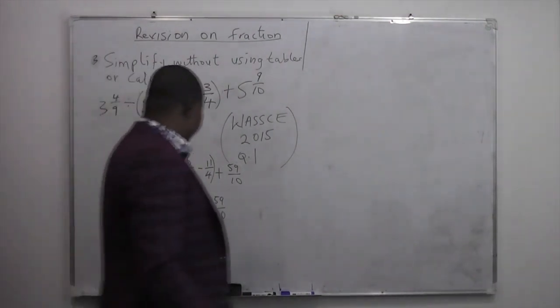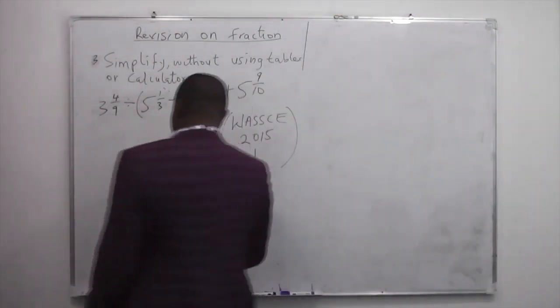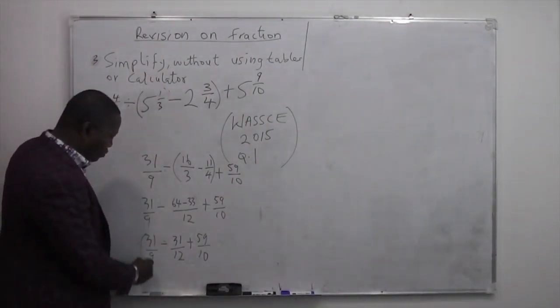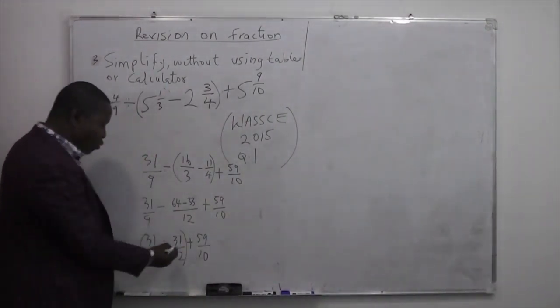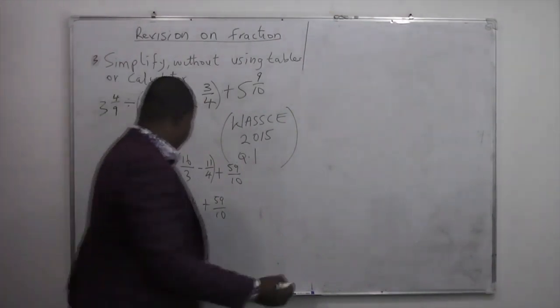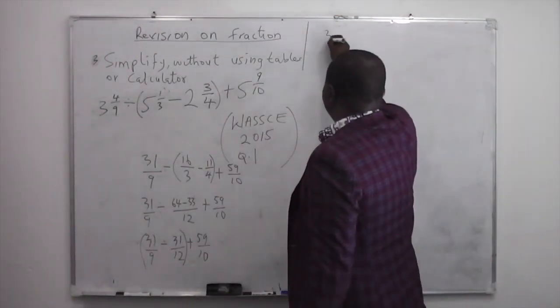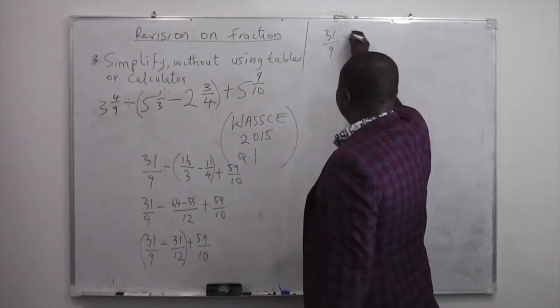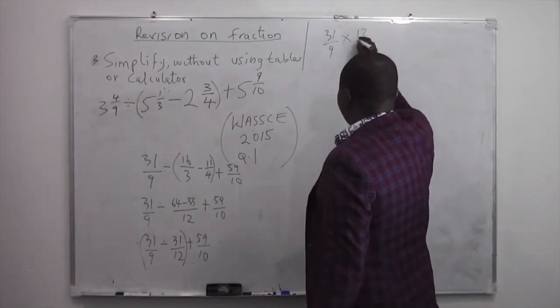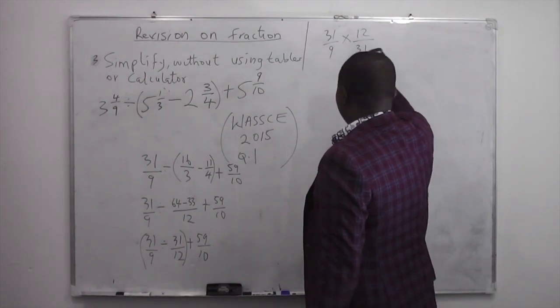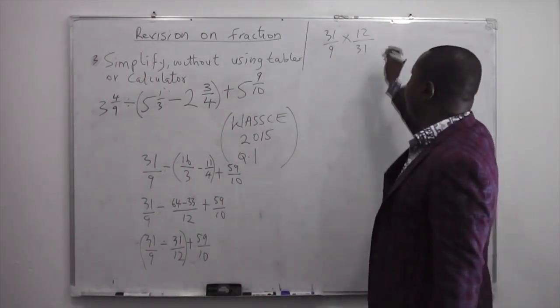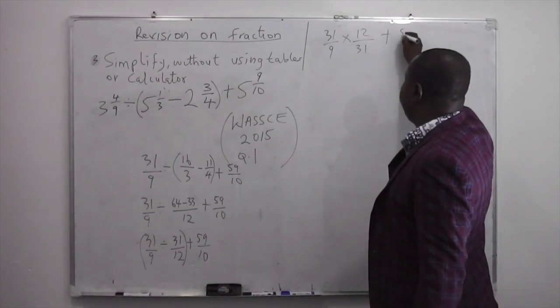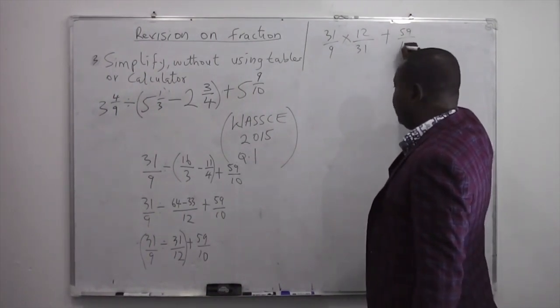I'll take it up now. Because you are having division here, I'm going to bracket this. I can work with it before adding that. Now I'm having 31/9 times the invert, 12/31, then plus 59 all over 10.